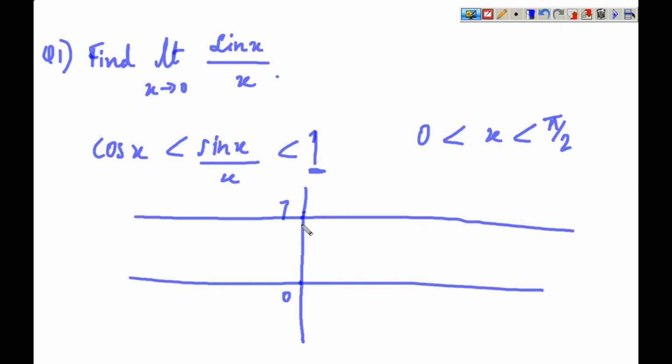Similarly for cos x, which revolves around 0 to pi by 2, we have cos 0 is 1, and for pi by 2, cos pi by 2 is 0. So the function will look something like this. Here it's minus pi by 2, it's pi by 2.